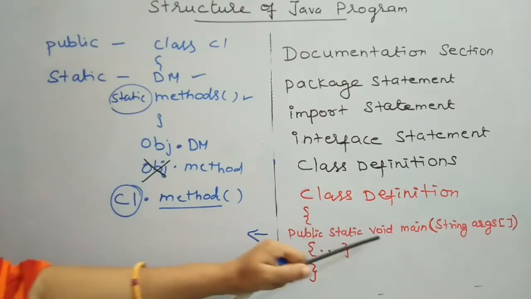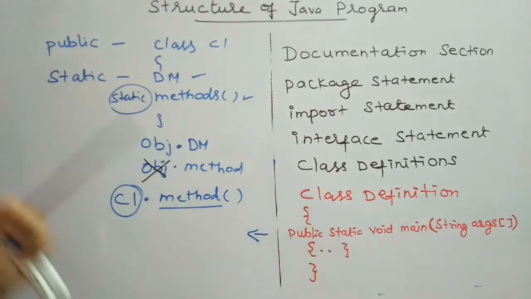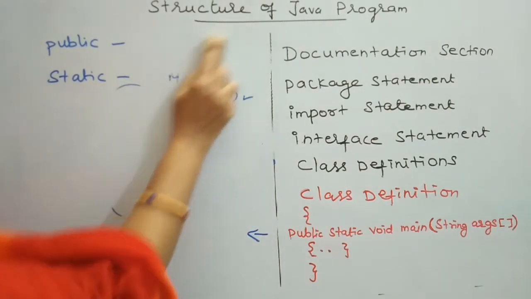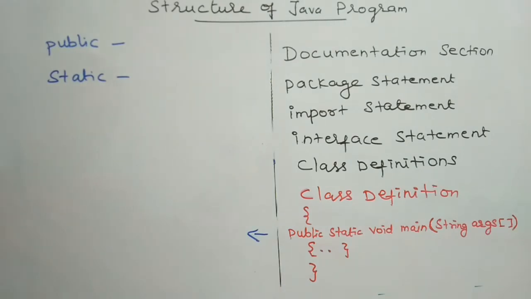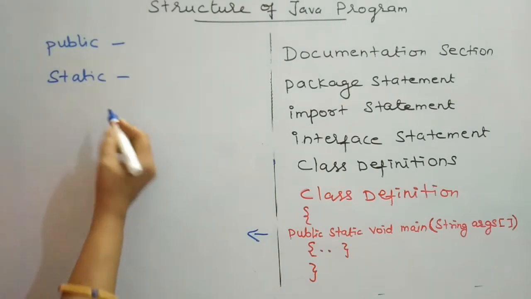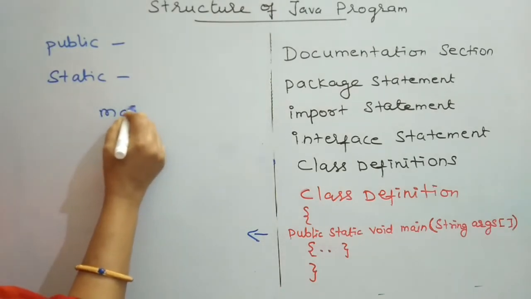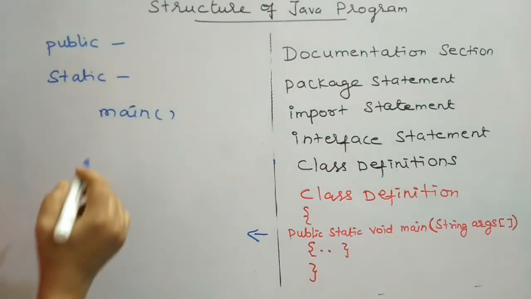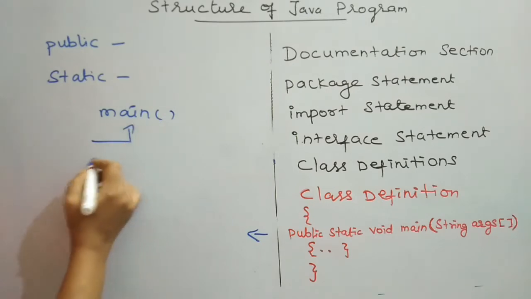Okay, why did I make this main method a static method? When your program is being executed, execution starts from the main method. Execution of the program starts from the main method. Who is responsible for accessing the main method?